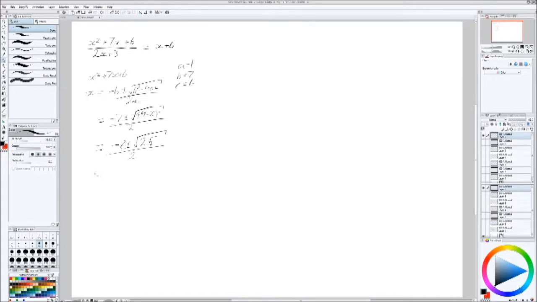And then we have that over 2, which equals negative 7 plus minus 5 over 2, which is going to be negative 2 over 2, equal to negative 1, or negative 12 over 2, equal to negative 6, which means that when we factorize this through, we end up getting x plus 1, x plus 6, all over 2x plus 3 equals x plus 6.